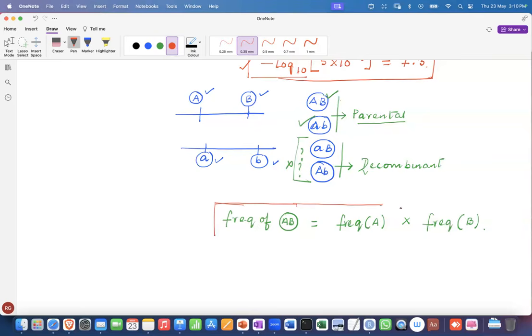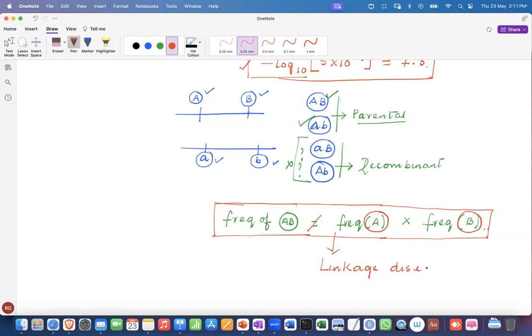The frequency of AB is nothing but the allele frequency of A times the allele frequency of B. The moment this does not hold good, you say that there is linkage disequilibrium.